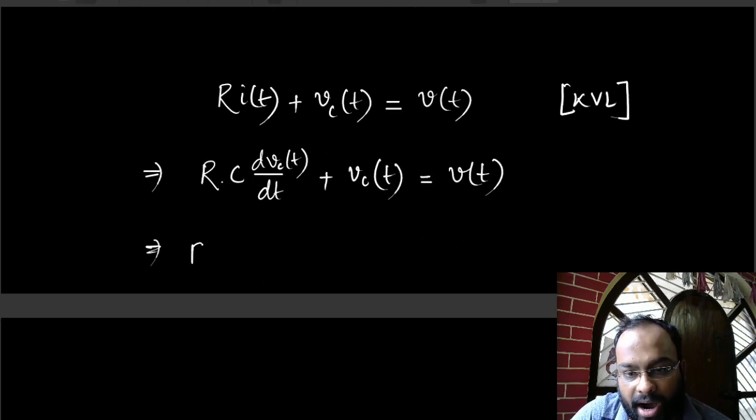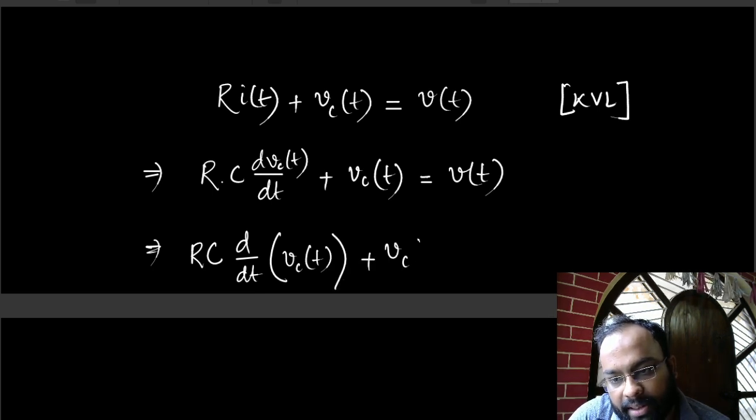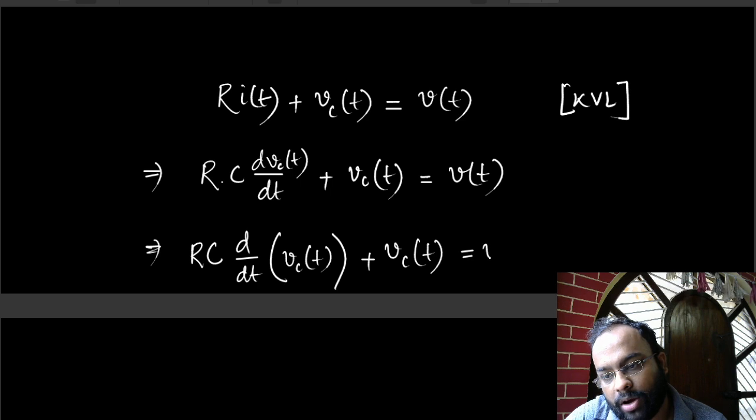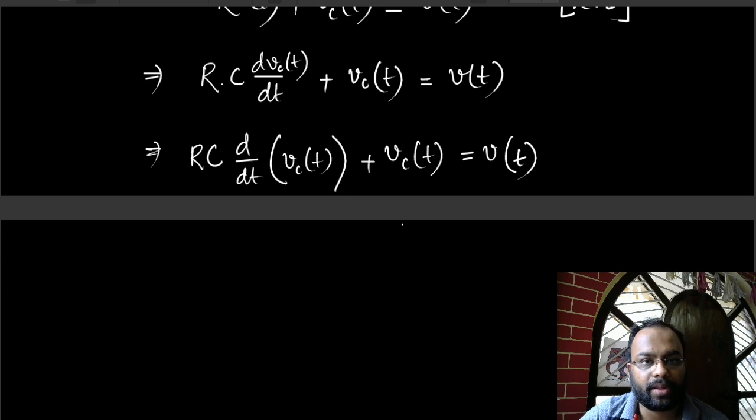So we have RC dVc(t)/dt plus Vc(t), and this is equal to the voltage across the whole RC circuit, Vt.